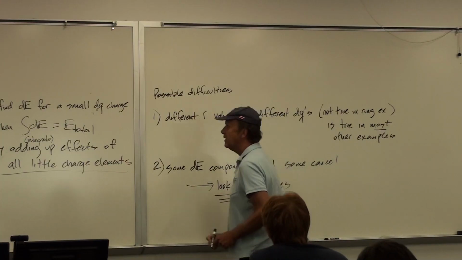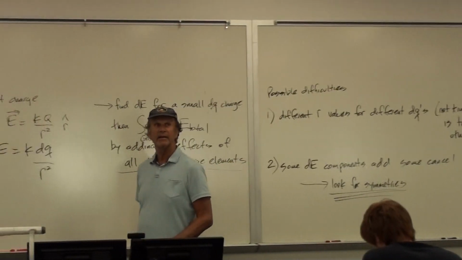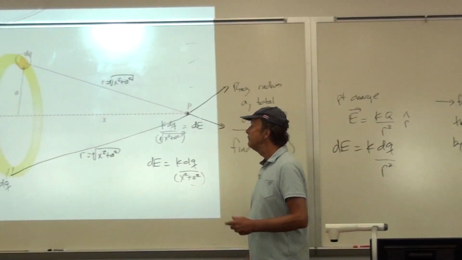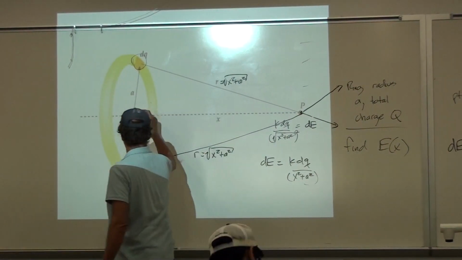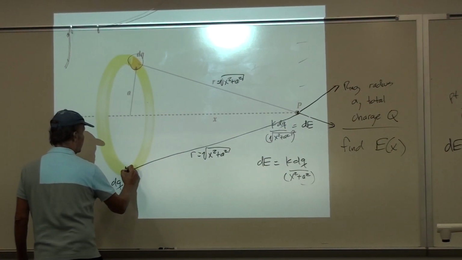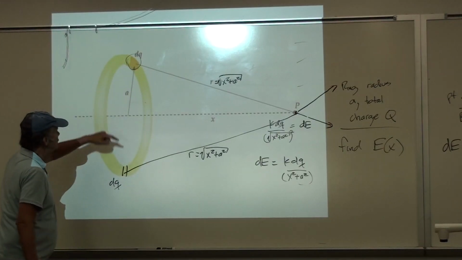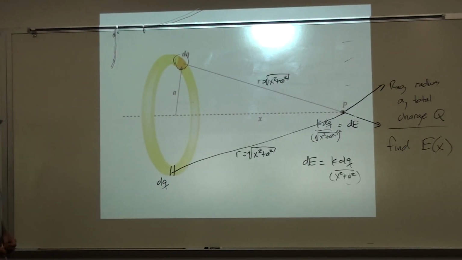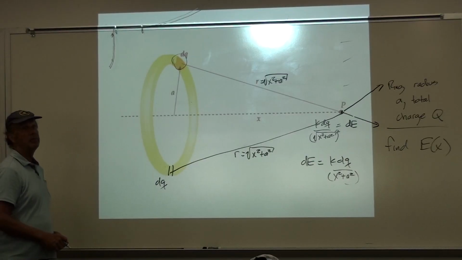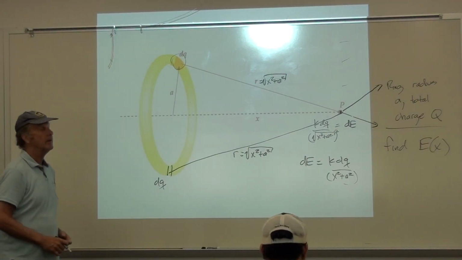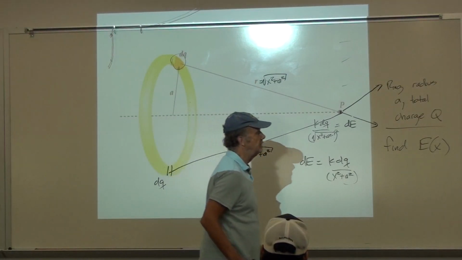Now this is going to take on a lot of different forms. The kind of symmetries are going to differ from problem to problem. But in this problem, the symmetry that I want to examine is that if I choose oppositely opposed dq's, their vertical components will cancel, and the horizontal components will add.